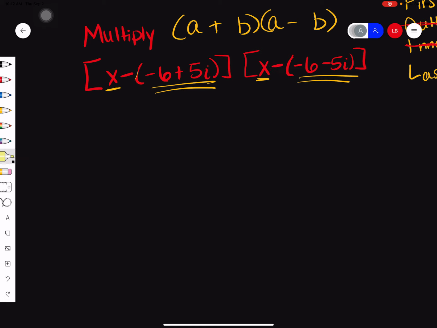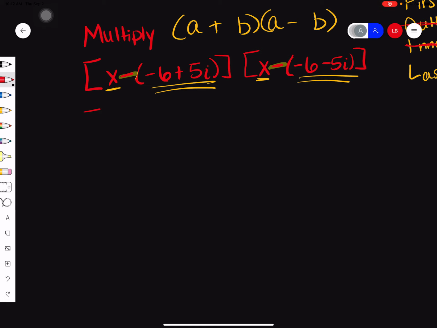I am going to distribute this negative through those parentheses, and then fall back onto my associative property, where we move the parentheses and make it look a little different.